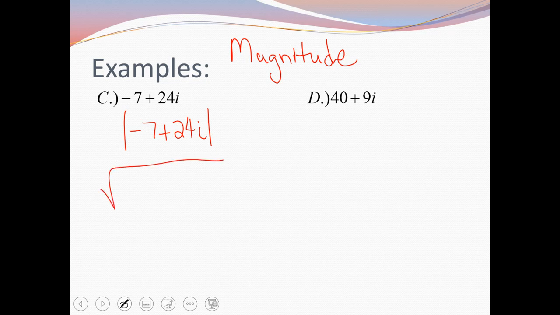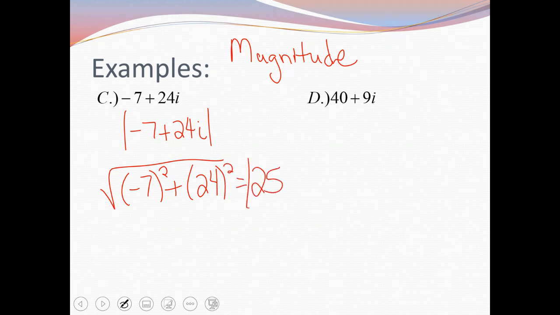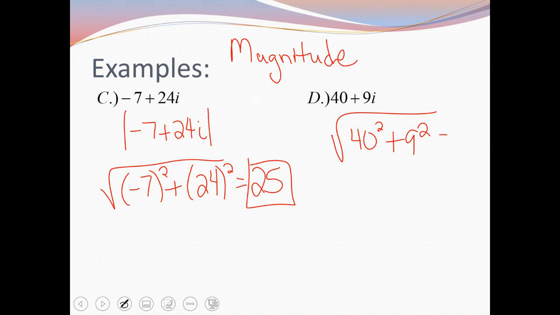But hopefully, because you all know your Pythagorean triples so well, right? -7 squared plus 24 squared. You know that's a Pythagorean triple, and you know that that's 25. Same with this one. It would be 40 squared plus 9 squared, which 9, 40, 41 is a Pythagorean triple. So that is its magnitude or its modulus or its absolute value, whichever term you're being called to at the time.